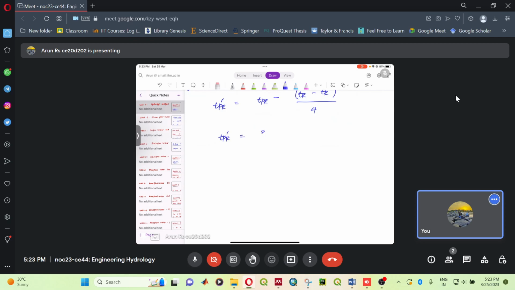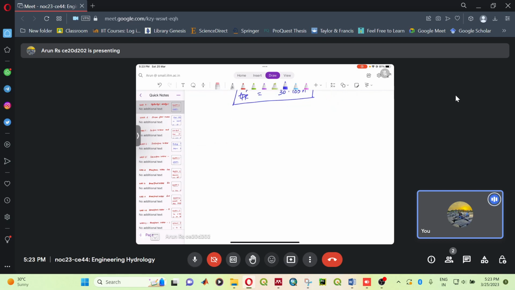TPR dash is equal to this value. So for the rest of the calculation, we'll be using this modified lag for the watershed N.